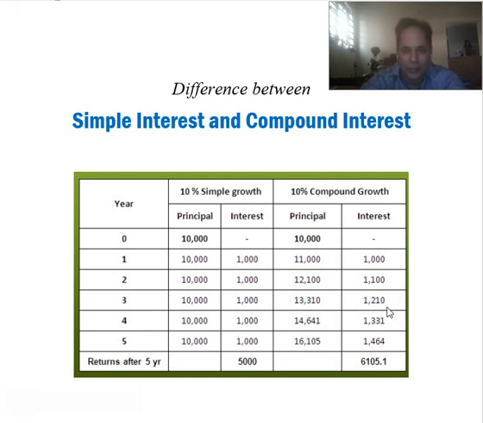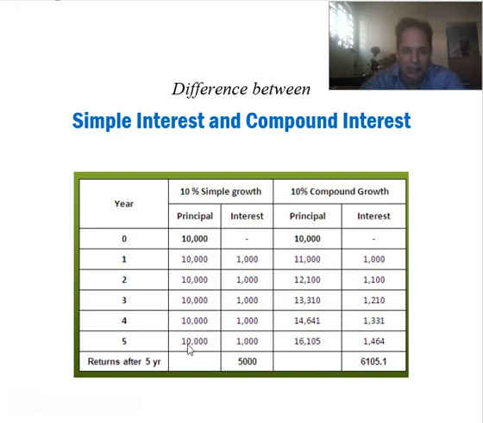Look again, your interest is higher than the interest in the first year and the previous 2 years. Now again, this interest will be added to the principal amount, which is 12,100, and your new principal will become $13,310.